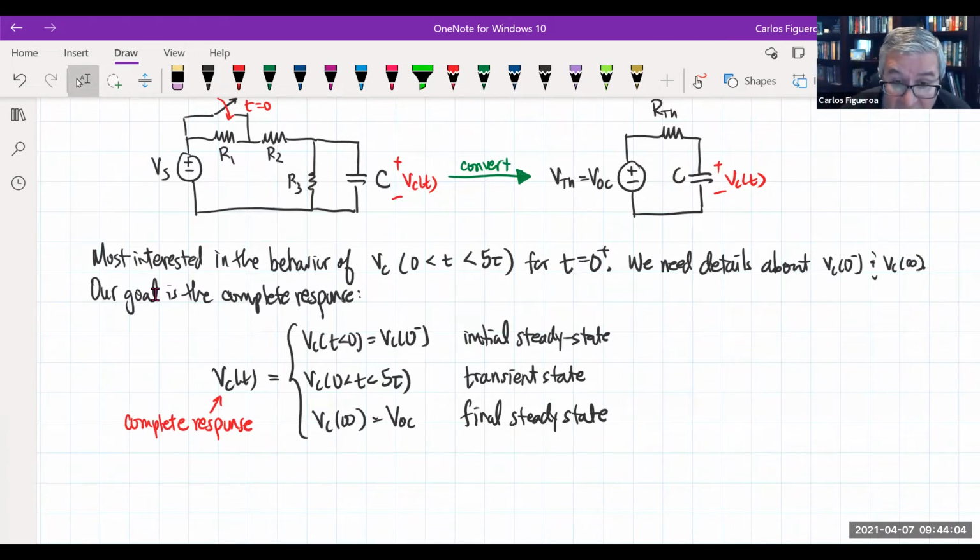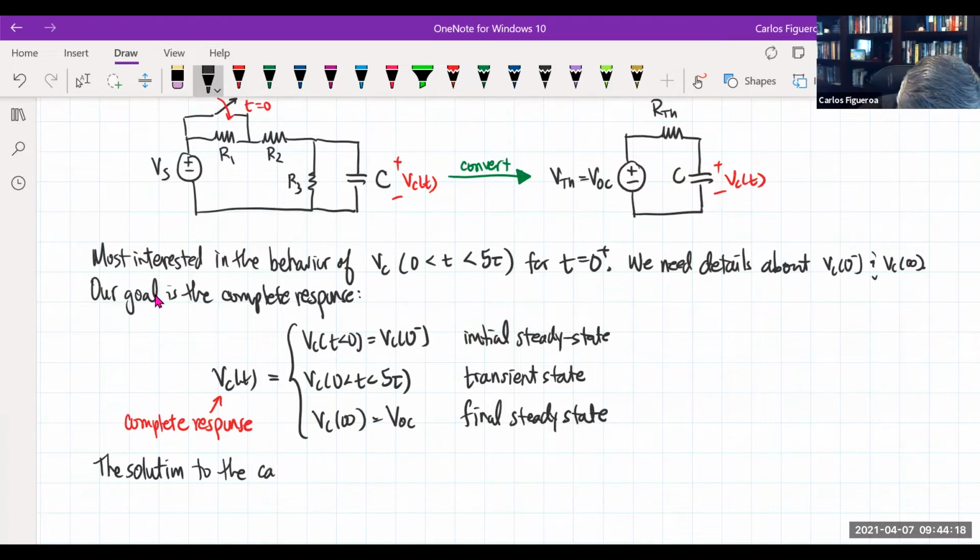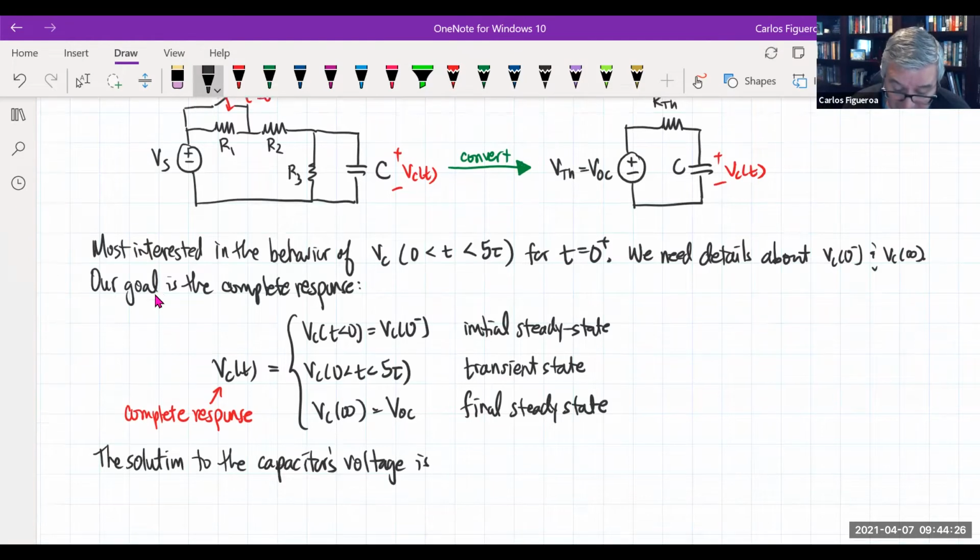And so what you're going to find in this scenario is that if I was to just jump the gun and look at the overall behavior, the solution to the capacitor's voltage is going to look something like this.